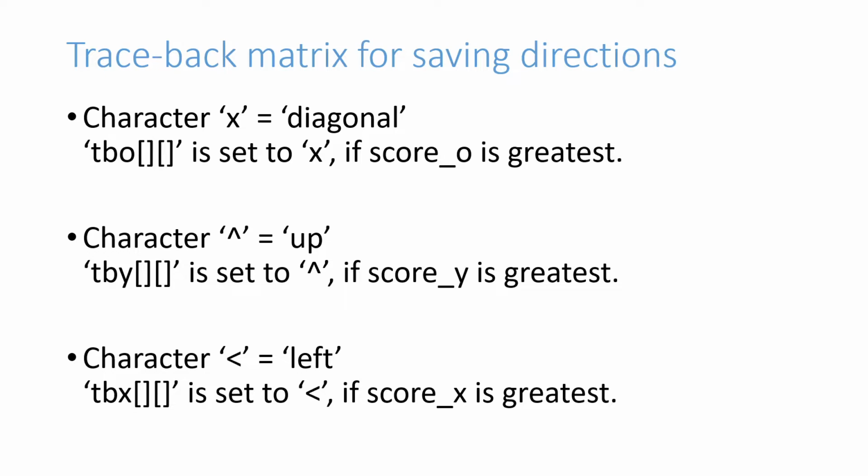So based on what the greatest function returns, TBO, TBY and TBX are set to x, the caret, and less than symbols respectively, and we don't have symbols for diagonal arrow mark, top arrow mark and left arrow mark, so I have used these symbols x, caret and less than.